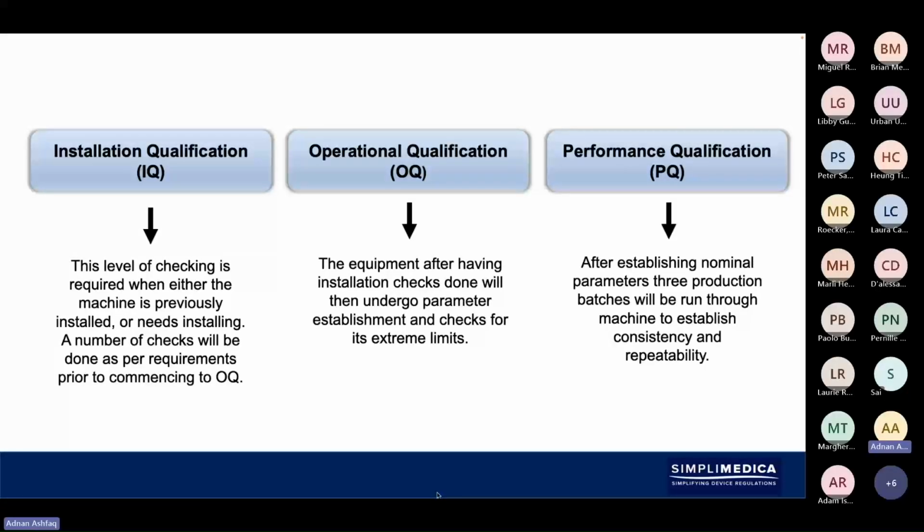So that's all going to be established before you get to PQ, because when you get to the performance qualification, you want to be running at the normal running parameters of what you would run the machine at in normal operation. You want to be running it in the normal environment and normal conditions, and there wouldn't be any stress testing at that point.